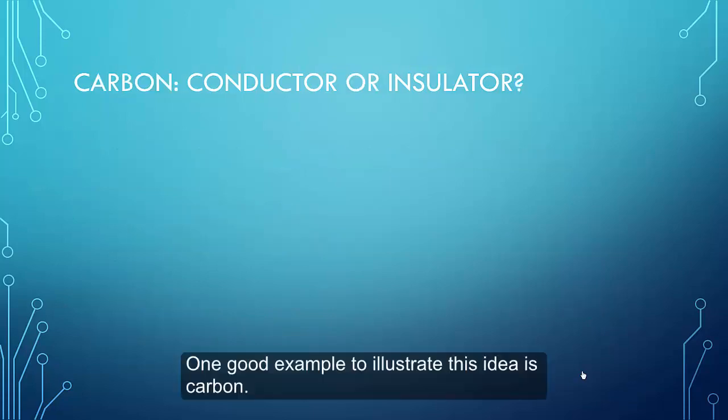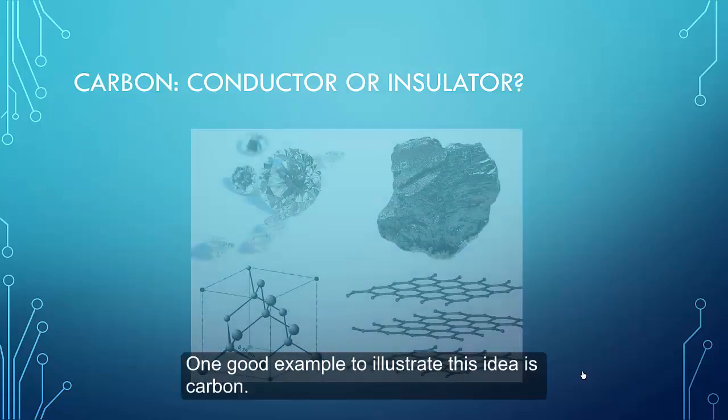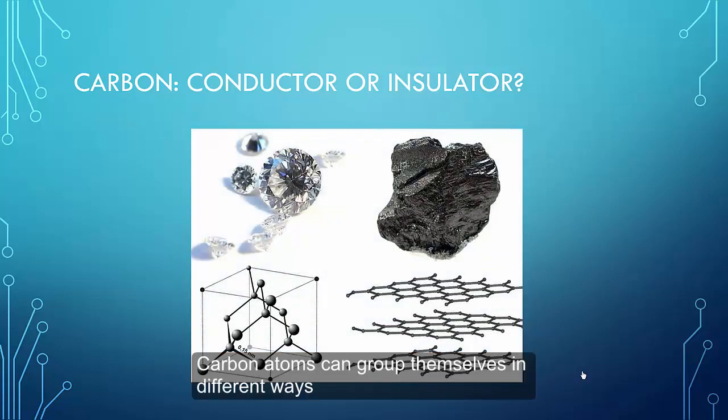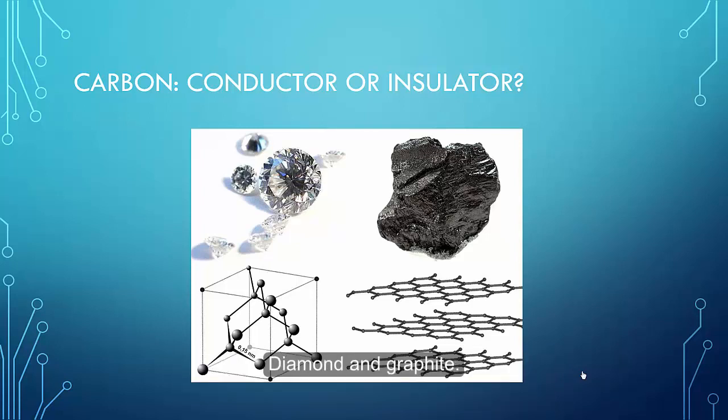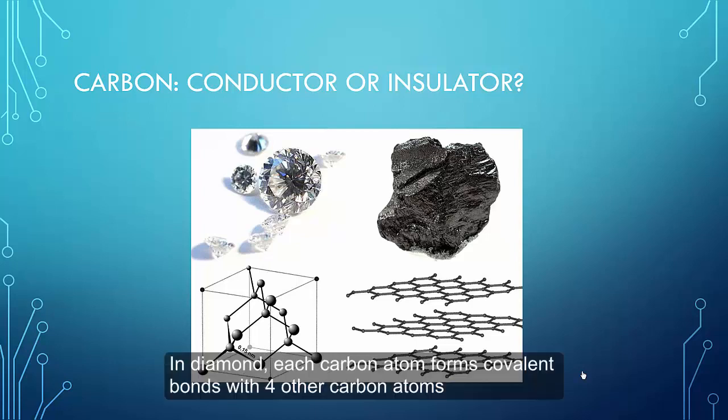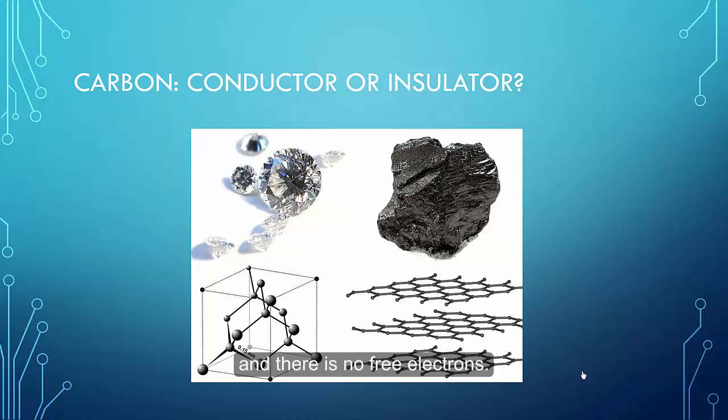One good example to illustrate this idea is carbon. Carbon atoms can group themselves in different ways. The picture shows two different ways which present itself into two different forms, diamond and graphite. In diamond, each carbon atom forms covalent bonds with four other carbon atoms and there are no free electrons. 1, 2, 3, 4, and so on.